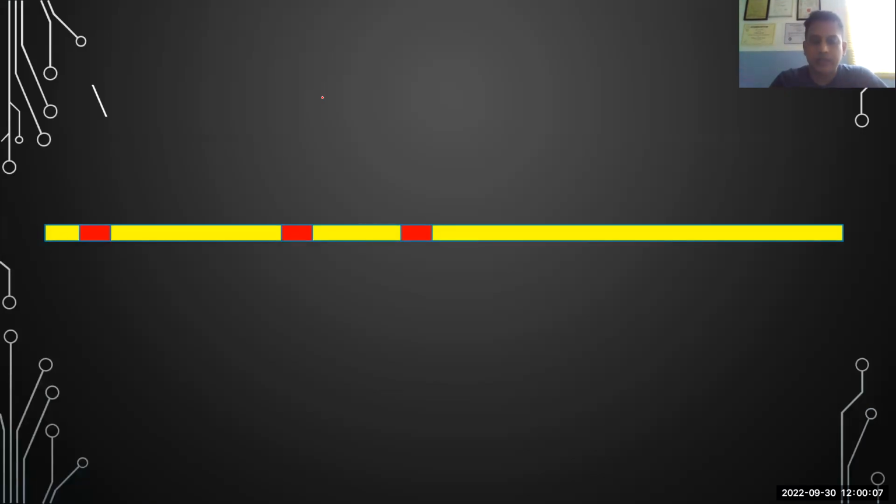This represents DNA molecules, double-stranded DNA molecules, and you can see 2 regions. One is a yellow region, the other one is a red color region. If you recall your knowledge on the DNA molecule, at AS level you have learned the DNA molecule has 2 regions, exons and introns.